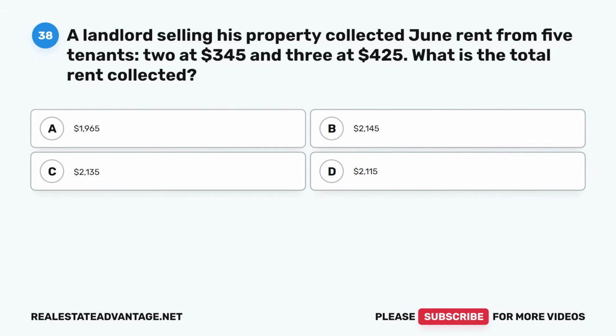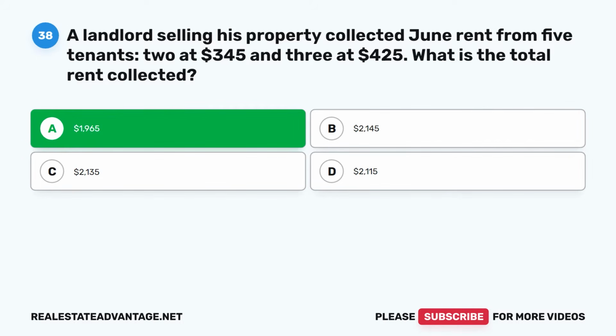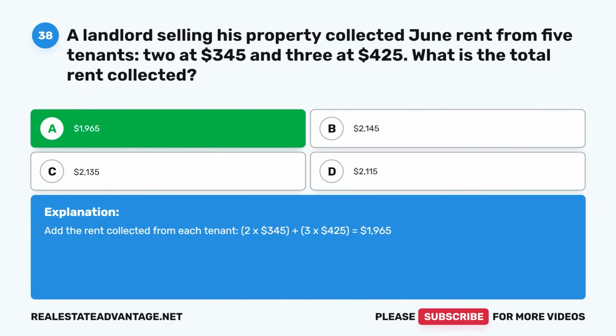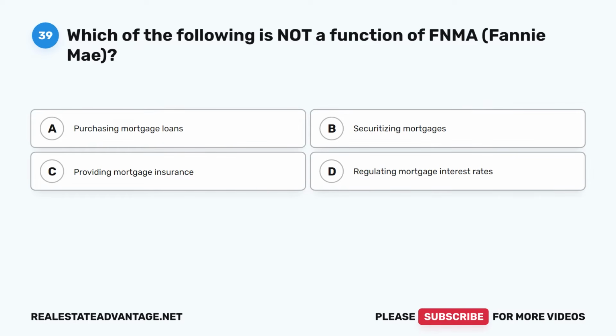D. $2,115. The correct answer is A. $1,965. Add the rent collected from each tenant, 2 times $345 plus 3 times $425 equals $1,965.